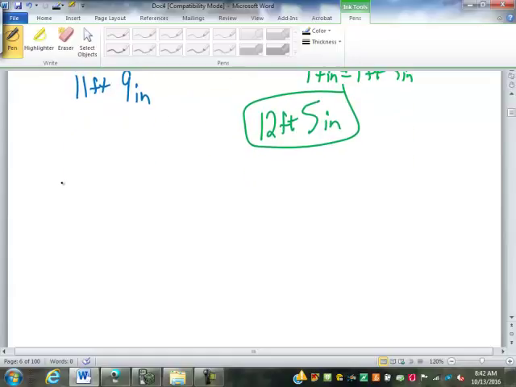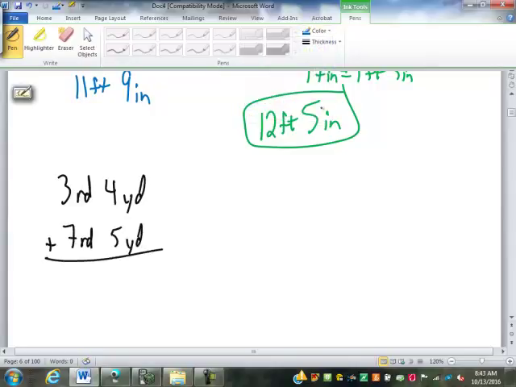Or we could have 3 rods, 4 yards, plus 7 rods and 5 yards. So we're starting on the right here. 4 yards and 5 yards make 9 yards. Is that bigger than a rod?